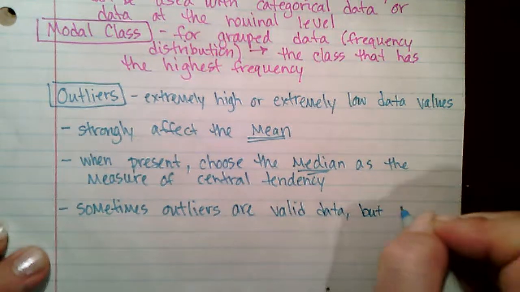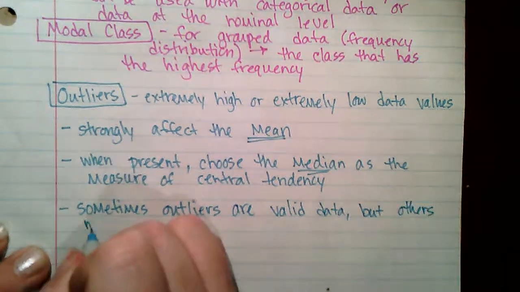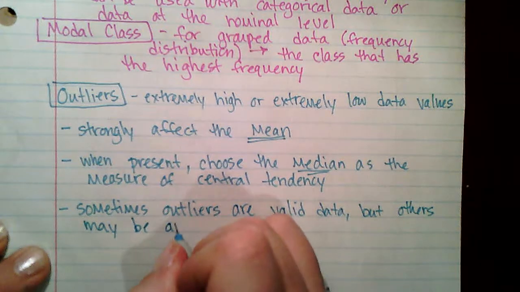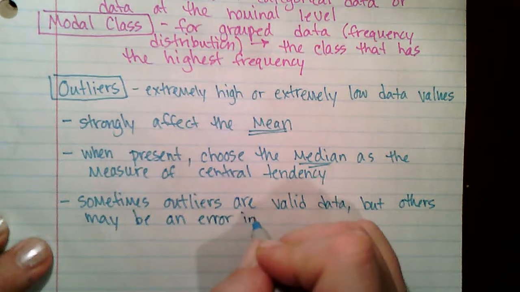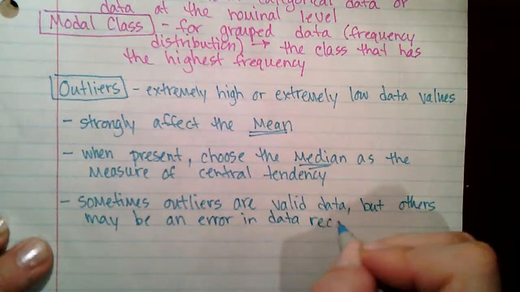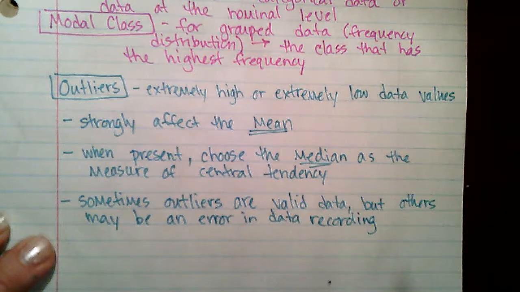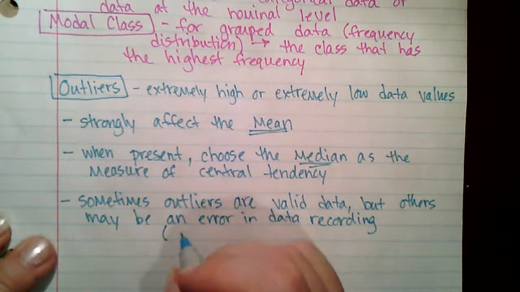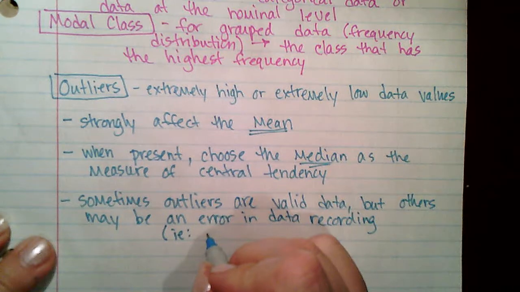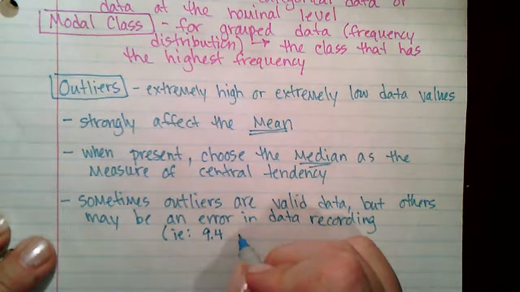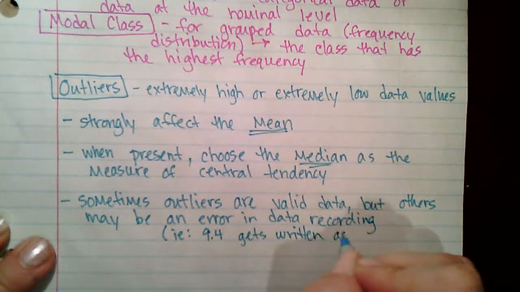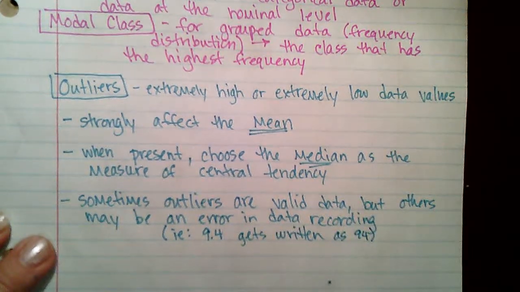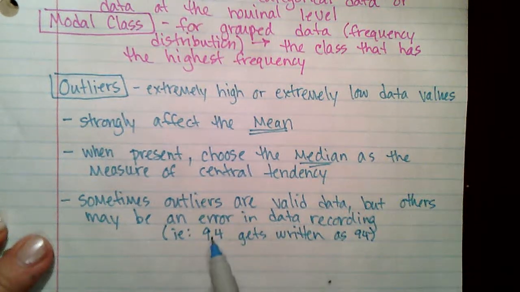But other times, it may be an error in data recording. So how does that happen? Let's say I'm going along and I'm reading data and I see 9.4, but I write 94 because I'm in a hurry, or the decimal is faint and I can't really see it.